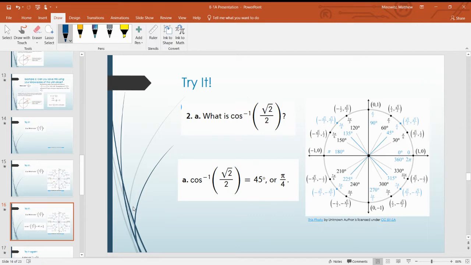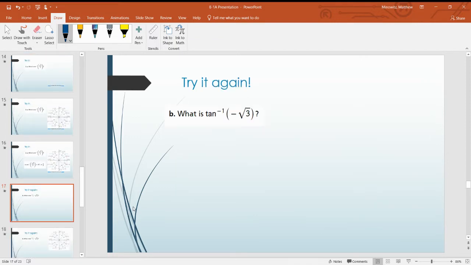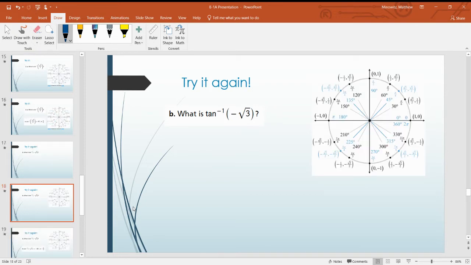Now here comes the challenge. What's the inverse tangent of negative square root of 3? So here's the unit circle if you want some assistance.